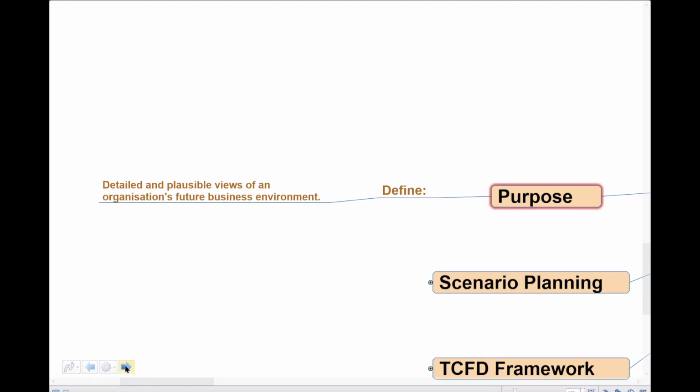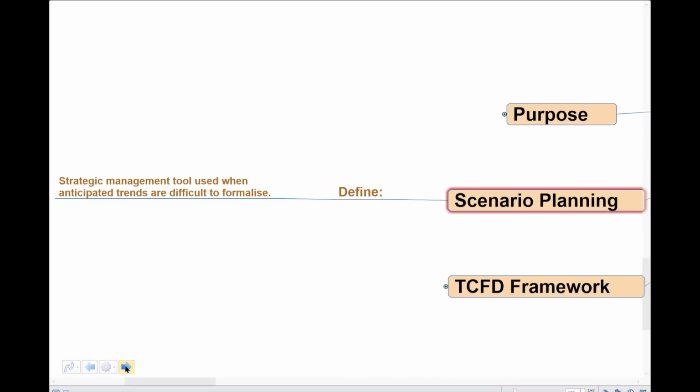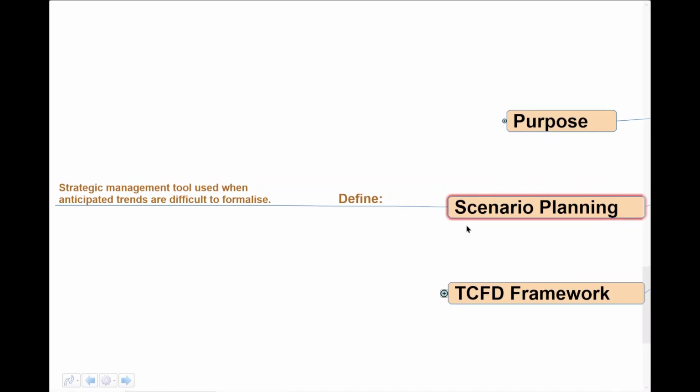Now, on that basis, are they useful to us? Well, I think they are, in the form of scenario planning. So where we have situations or futures that are uncertain, where we're concerned about risk, where we find it very, very difficult to see how things are going to move for us, for our business, for our strategic planning, in the medium to long term, then what we could do is come up with set scenarios.